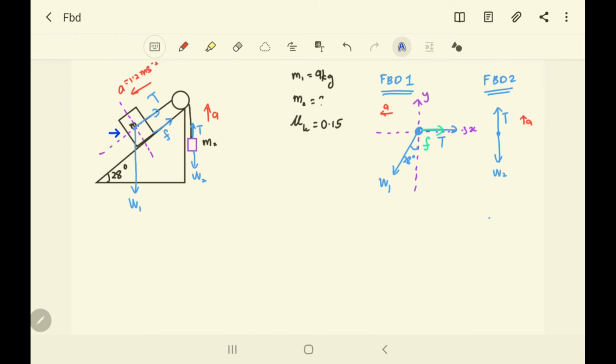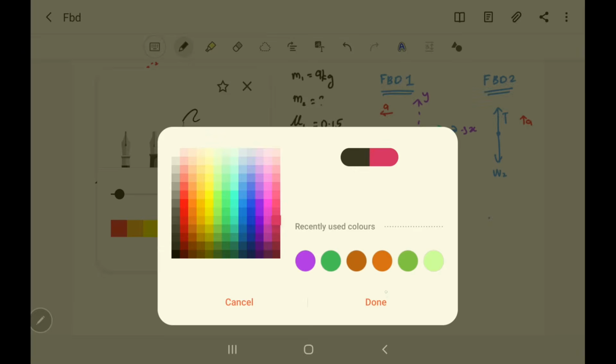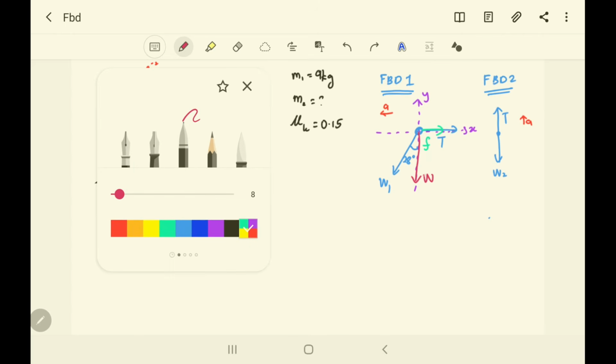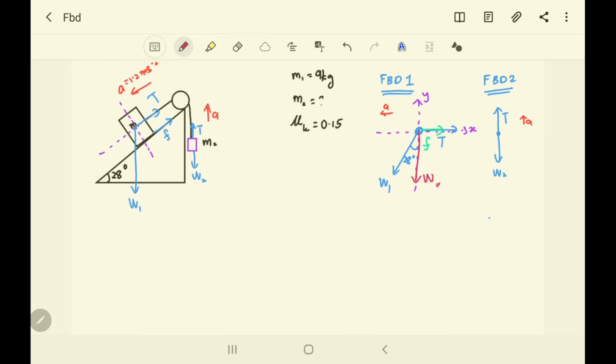So because we have the W_x in the x direction, berat dia terlalu besar, so dia akan menyebabkan objek tu sliding down. Okay, so let's try to resolve. I want to resolve W1x and W1y. So I want to resolve W1y and this is W1x.